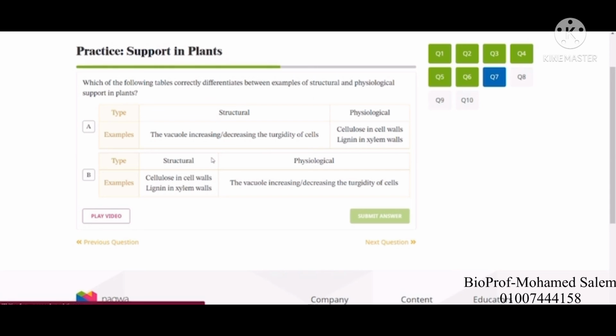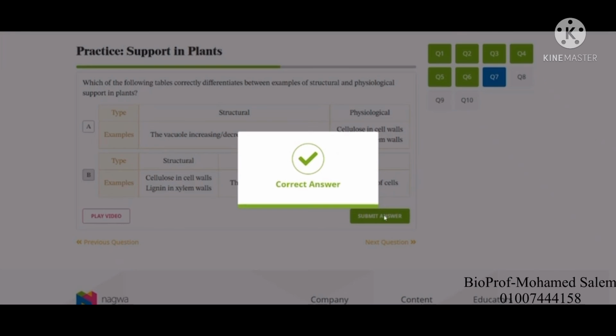So we have two tables. Examples of structural are cellulose in cell walls and lignin in xylem walls, and physiological is the vacuole increasing or decreasing turgidity. This is the right one, so it will be the correct answer.